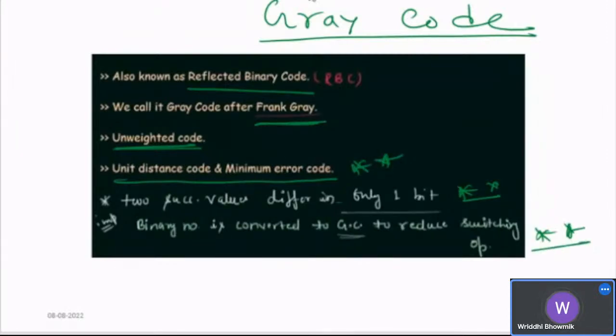I will show you what is the significance of these 3 points: unit distance code and minimum error code, how 2 successive values differ in only 1 bit, and binary number is converted to gray code to reduce the switching operation. So these three I will explain.